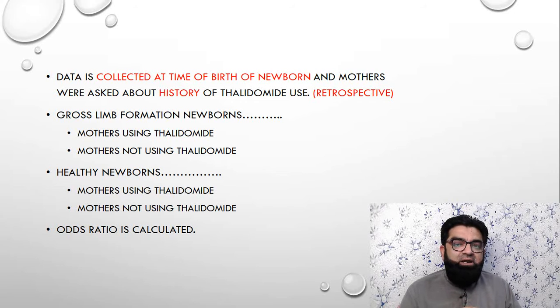So we have made two groups. We have collected the data in a retrospective manner, and we haven't done any intervention. We are just observing what happened to the babies of those mothers who are using thalidomide.